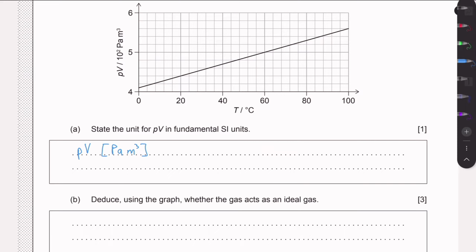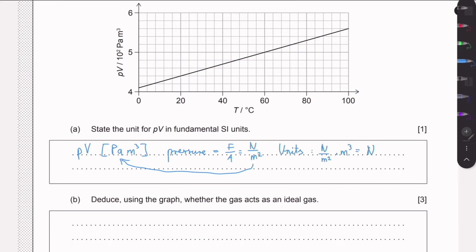So we know that pressure is just force over area. So pressure will have units of newtons per square meter. Now we just need to substitute this in for pascals, as a pascal is just a newton per square meter. So the units will just be newton per square meter times meter cubed.